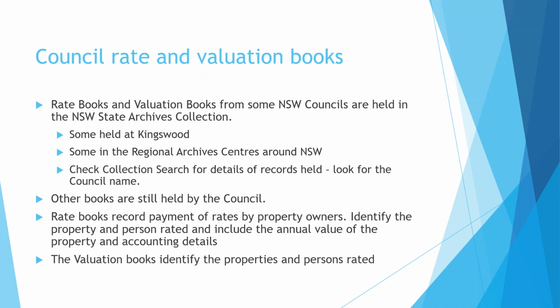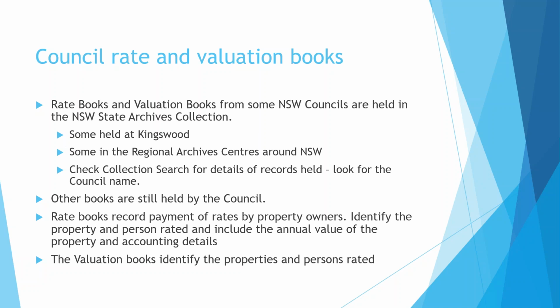So regional archive centres hold records of local significance. They hold some state government archives, but also private papers and things from the regional area. And they're at places like Armidale in the University of New England. They're at Wagga at the Charles Sturt University.